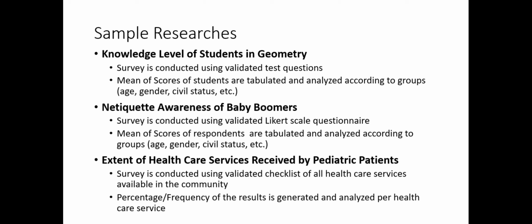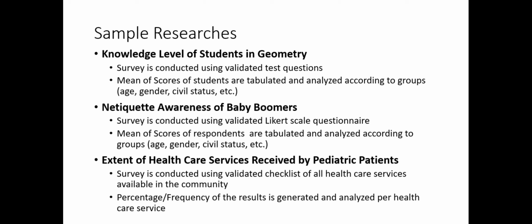But if you create a Likert scale, then it can easily be quantified. So, a survey is conducted using a validated Likert scale questionnaire, after which the mean scores of respondents are tabulated and analyzed to determine the level of awareness. So we did not manipulate our variables here, our participants.